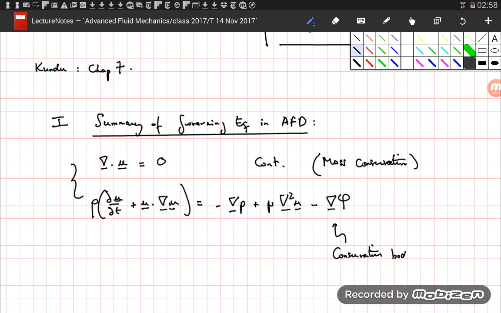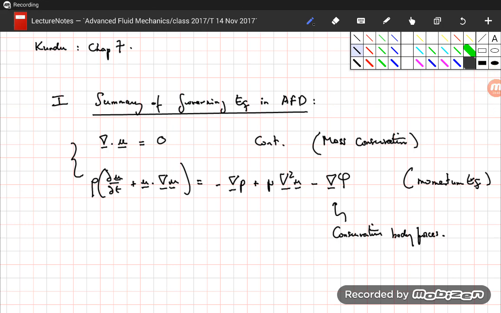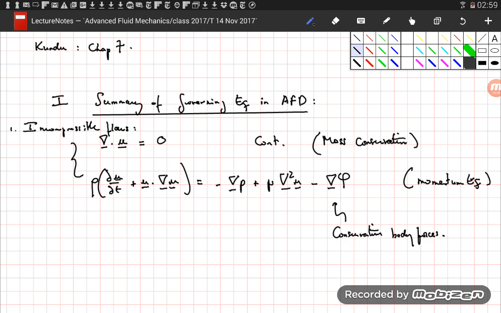This here is the momentum equation. So these are the general equations for incompressible flows.